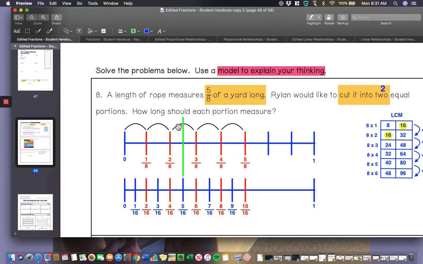So if I cut this line in half, they want to know how long each portion should measure if it's cut into 2 equal parts. Well, you could say, for example, that this line also represents 2 and 2.5/8.